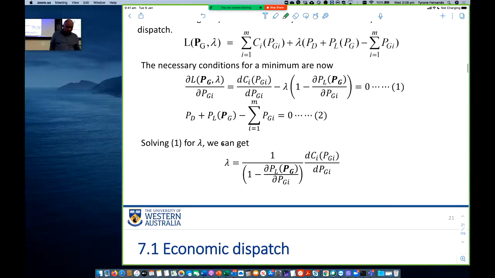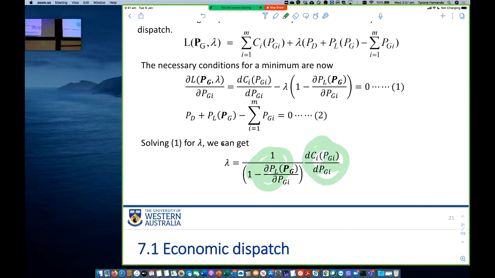The solution is going to be like this. See, previously what we did, we took the incremental cost of generating a unit of power for each generator. We equate those. Now we actually multiply that incremental cost by a penalty factor. For each of the generators, we determine a penalty factor.